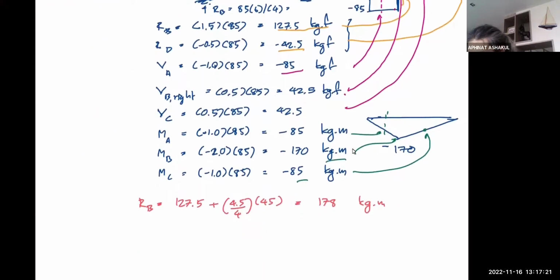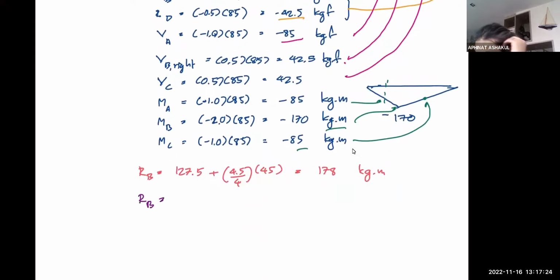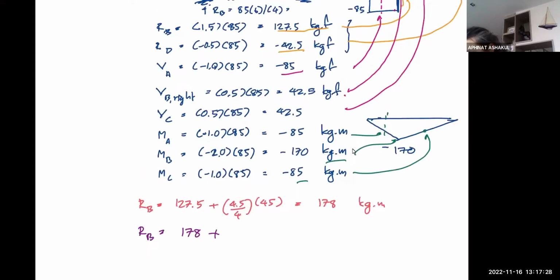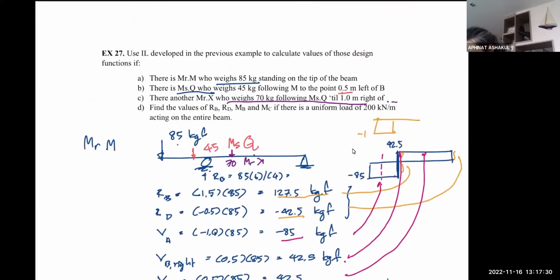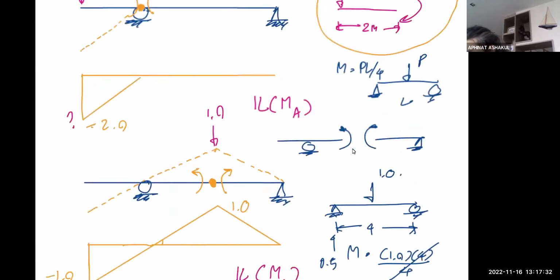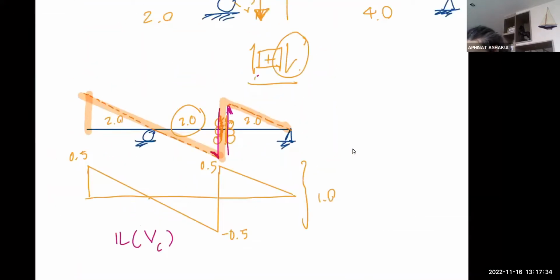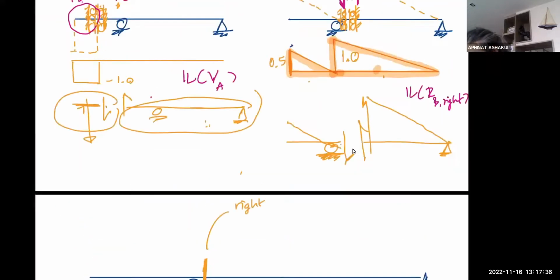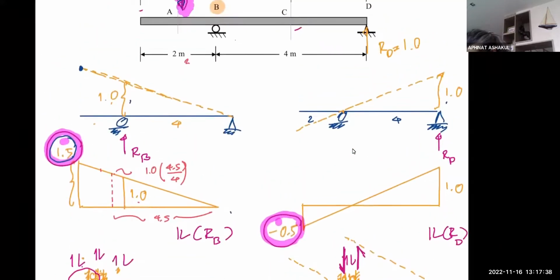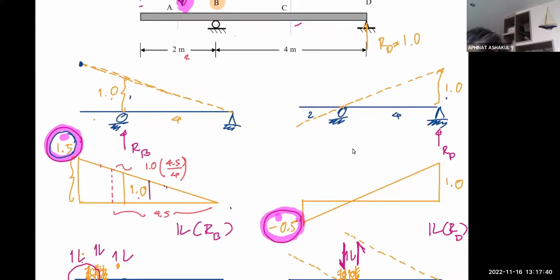So RB will now become 178 plus, if he's 1 meter, we go back here, 4 meters here, right? If he's here, this magnitude will be 1 multiplied by 3/4 or 0.75, right?